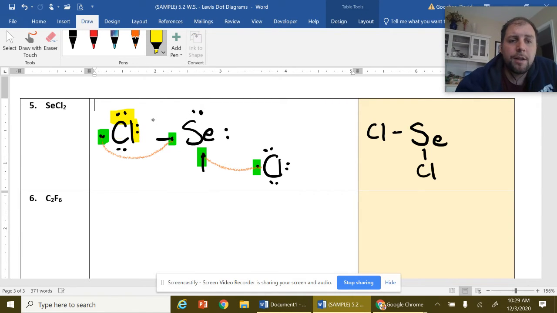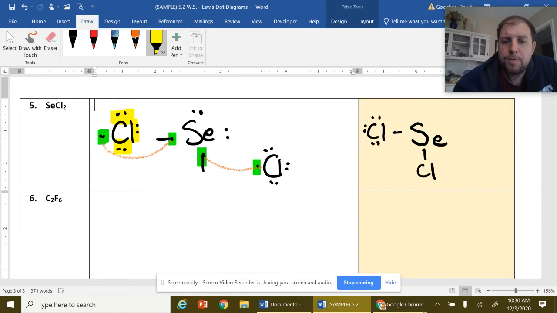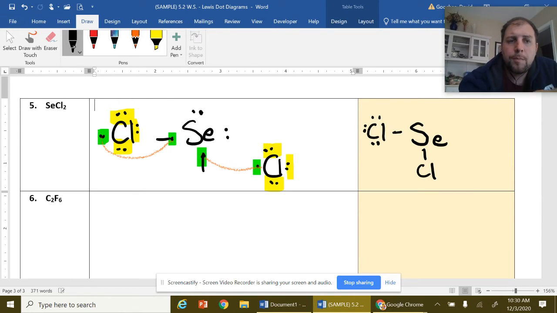This chlorine had 3 pairs of dots around it, so I'm going to draw 3 pairs of dots. Same with the one down here. And this selenium had 2 pairs of dots. I'm going to draw those in as well.